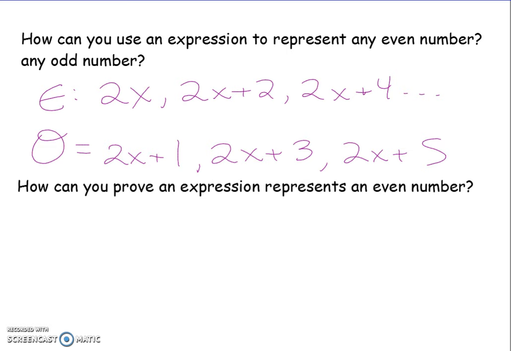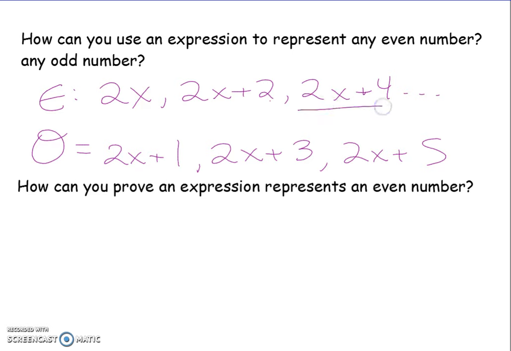How can we prove that all these expressions up here on the first list are even? That would be inductive reasoning, right? If we just plugged in numbers, you know. What do we know about even numbers? What definition did we give for even numbers? They're all divisible by 2. So let's take one of these expressions.